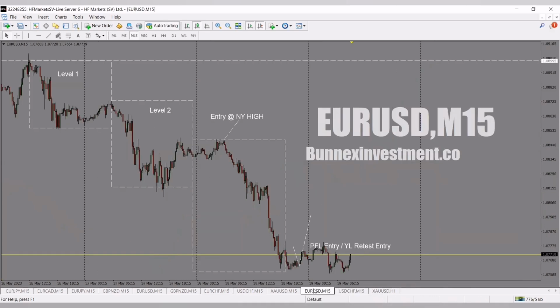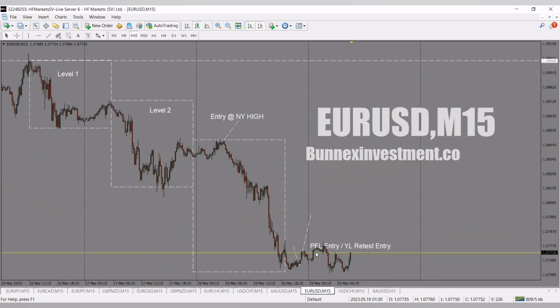Then another pair which we anticipated was Euro USD. It's unfortunate that this trade at New York high was in Asia, and we had not yet met it, and it went very well.